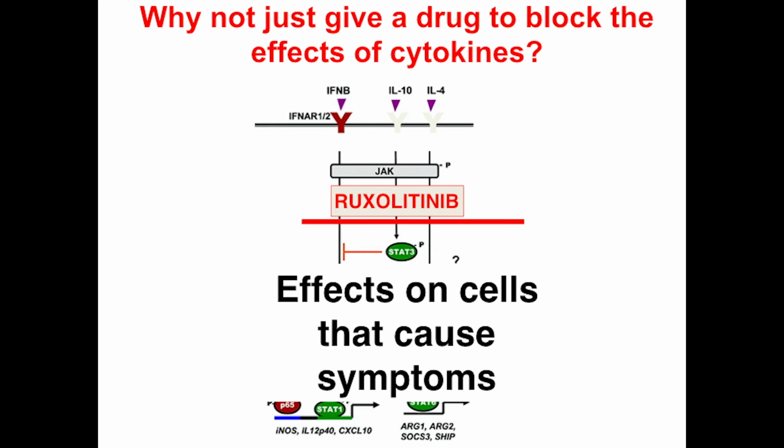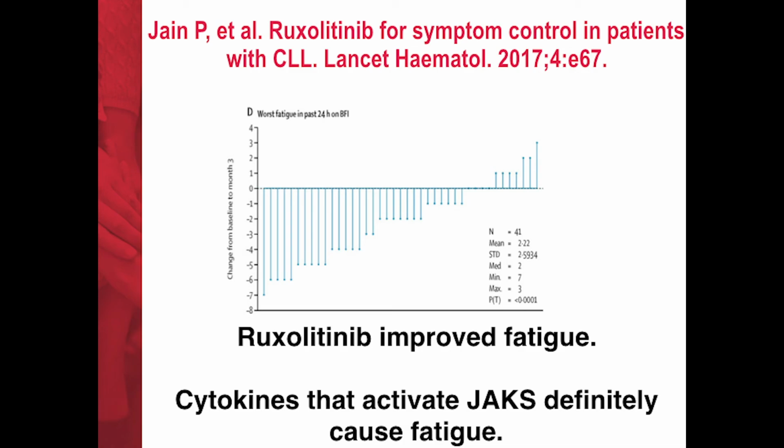And so the question would be, what happens if you would give a CLL patient ruxolitinib? And this was done. This was a study from the MD Anderson a couple of years ago. And what was done is they took CLL patients who were in the watch and wait period of time, and they gave them ruxolitinib, and they asked about changes in fatigue. So the patients would report how they felt on this drug.